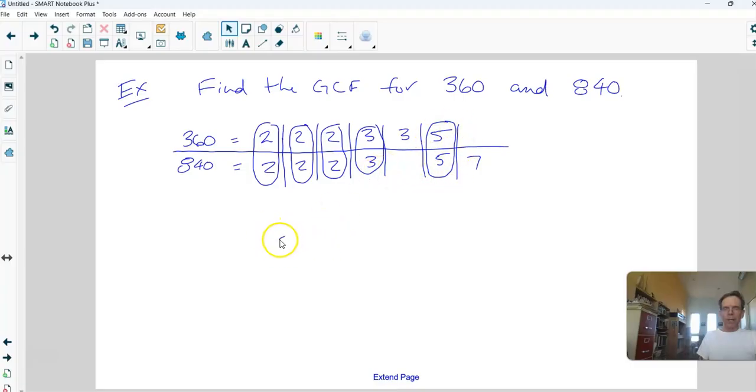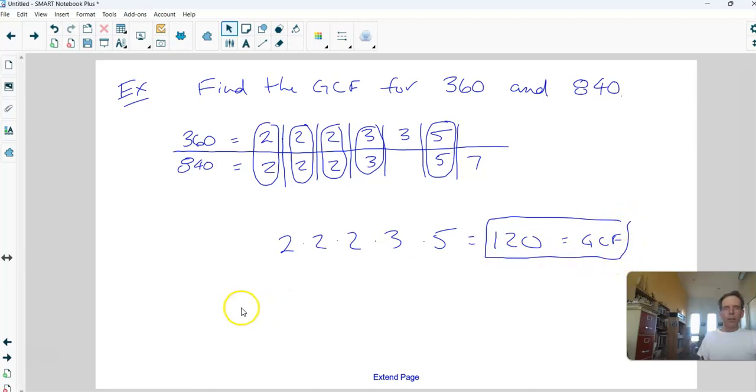So we multiply the prime we see in each circled stack, one number from each one. That's 15 times 8, which is 120, I think. So 120 is the greatest common factor for 360 and 840. There's no bigger number that divides into both those numbers evenly.